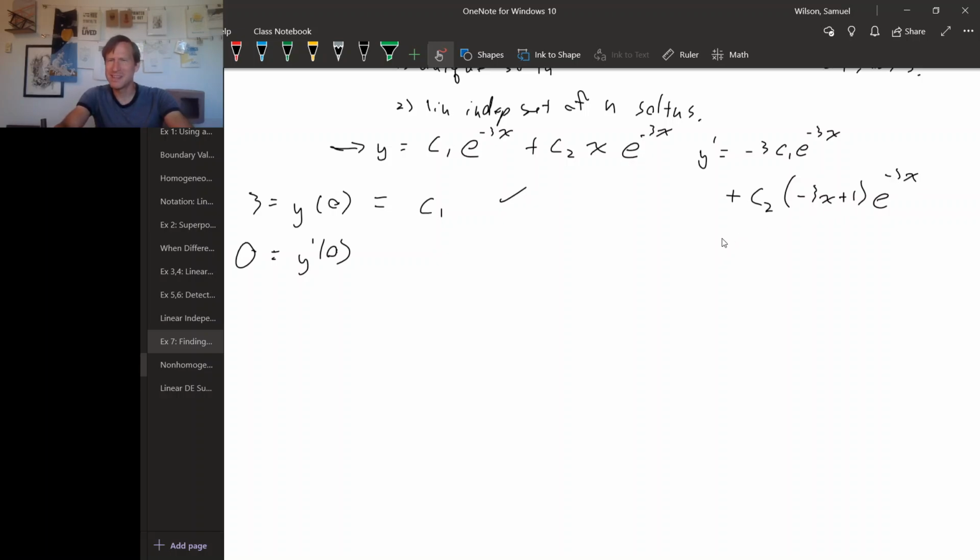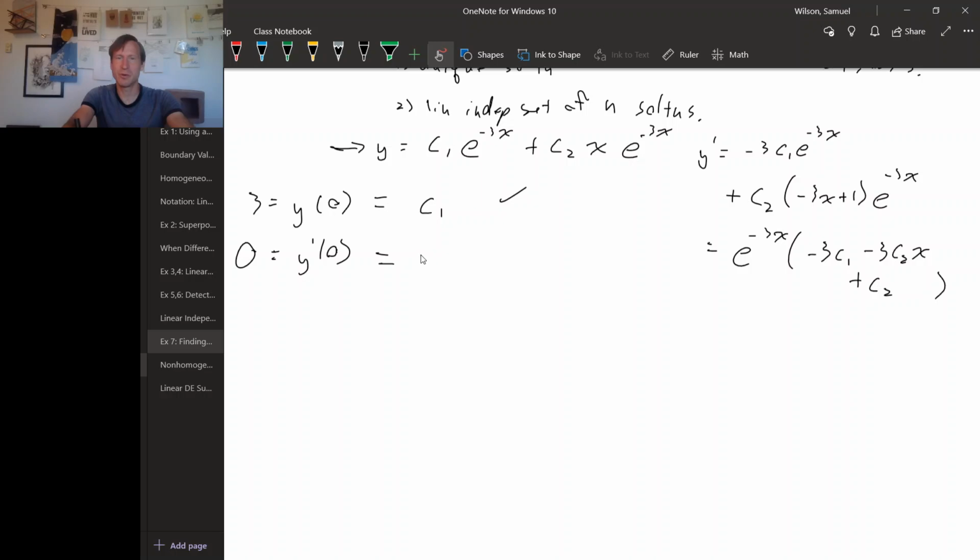Okay, so putting that all together, we can factor out an e to the minus 3x. We get e to the minus 3x times minus 3c1 minus 3c2x plus c2. Okay, so now we can plug x equals 0 into that derivative.